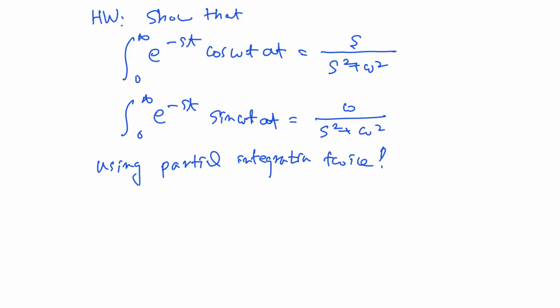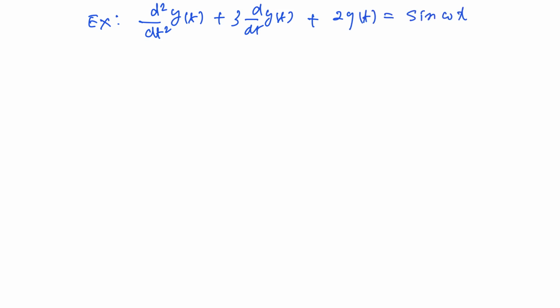So let's consider another example. Example, maybe the same problem: t squared y(t) plus 3 dy/dt plus 2y(t) is equal to, say, sine omega t, with the initial conditions.